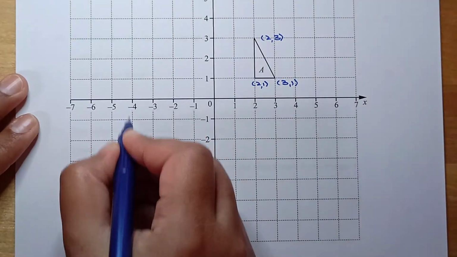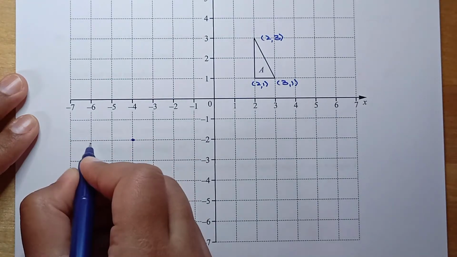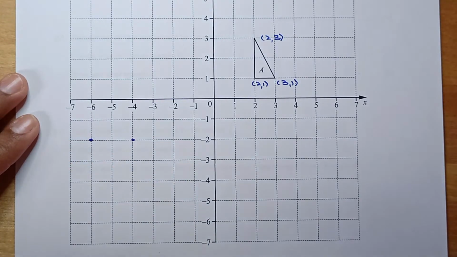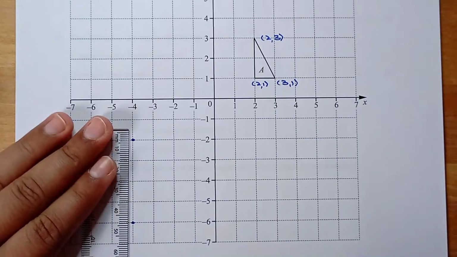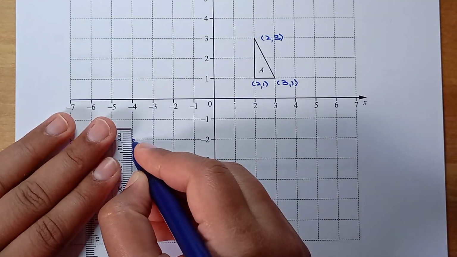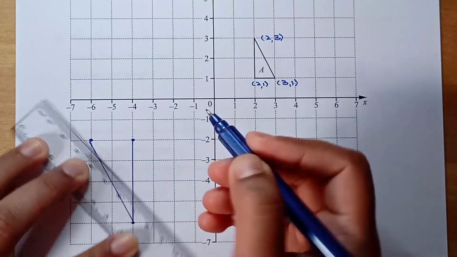X is -4 and y is -2. Then -6, -2, and then -4 and -6. This point. So let me draw this. So this is a triangle B.